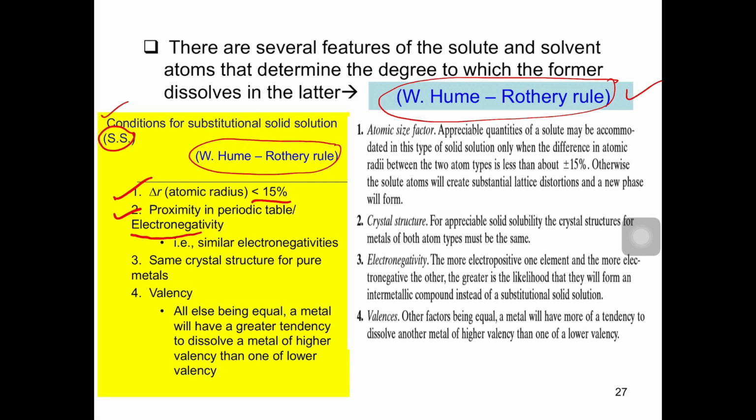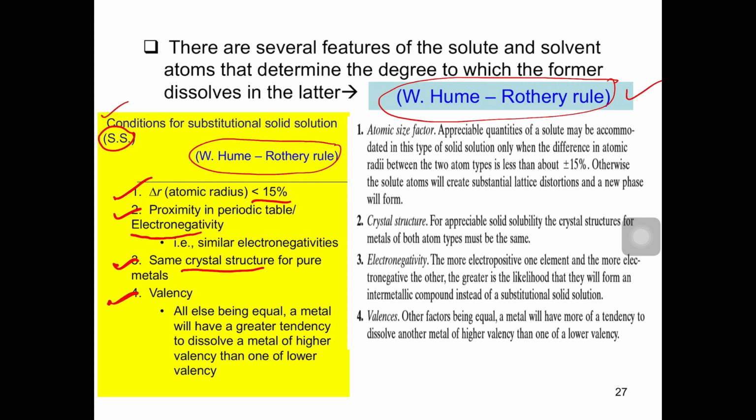They have to have similar electronegativity: if negative, both negative; if positive, both positive. The third is the crystal structure. It must be the same, for example BCC, FCC or HCP, between material A and material B.